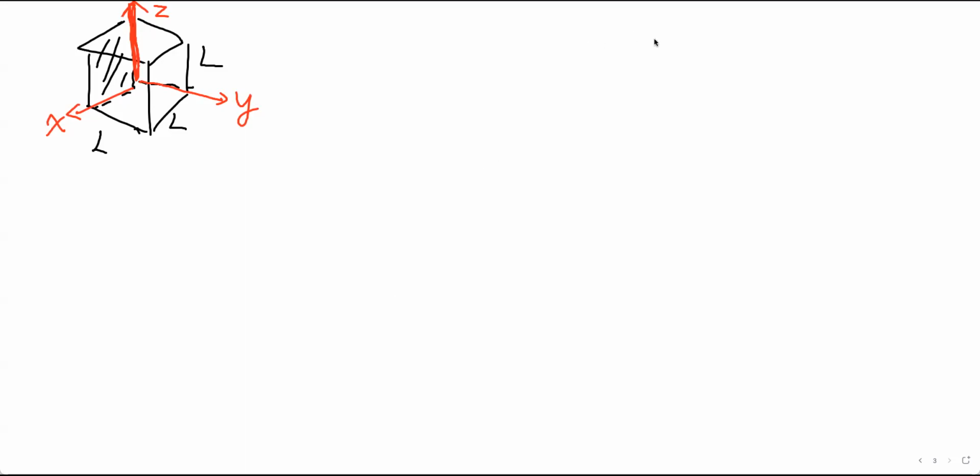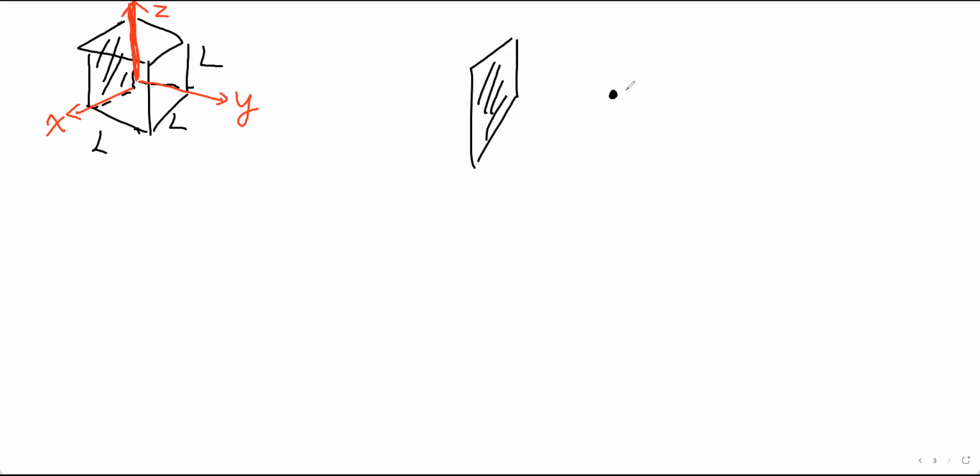And so let's say we're talking about hitting this wall. Then we'll just look at the velocity along the y-axis.